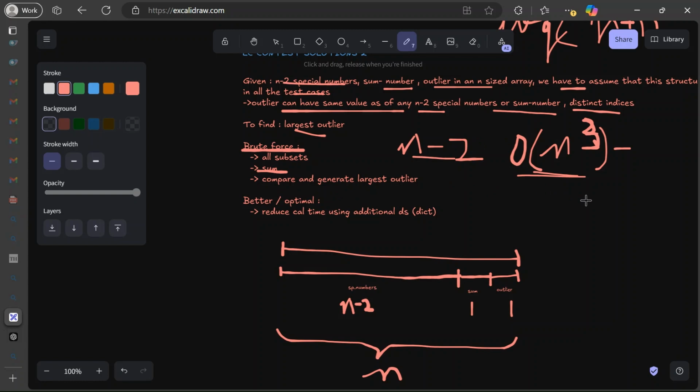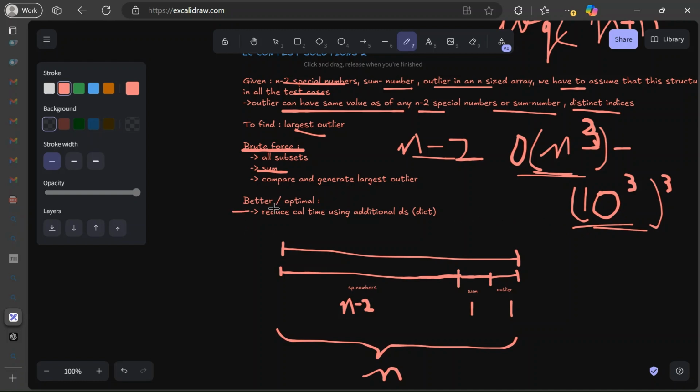Now we have to compare and generate the largest outlier out of the remaining elements every time. This would be approximately O(n cube) time complexity, which is not at all feasible for our 10 cube constraints. This will not satisfy our constraints.